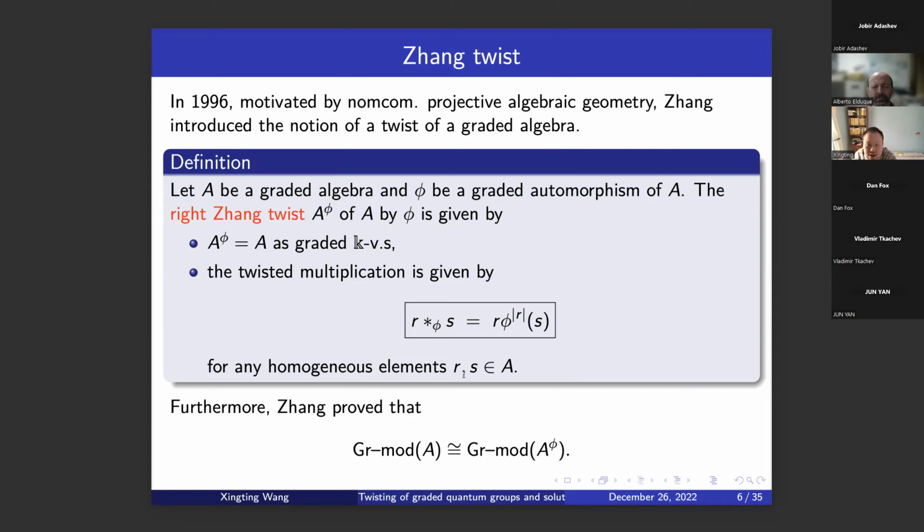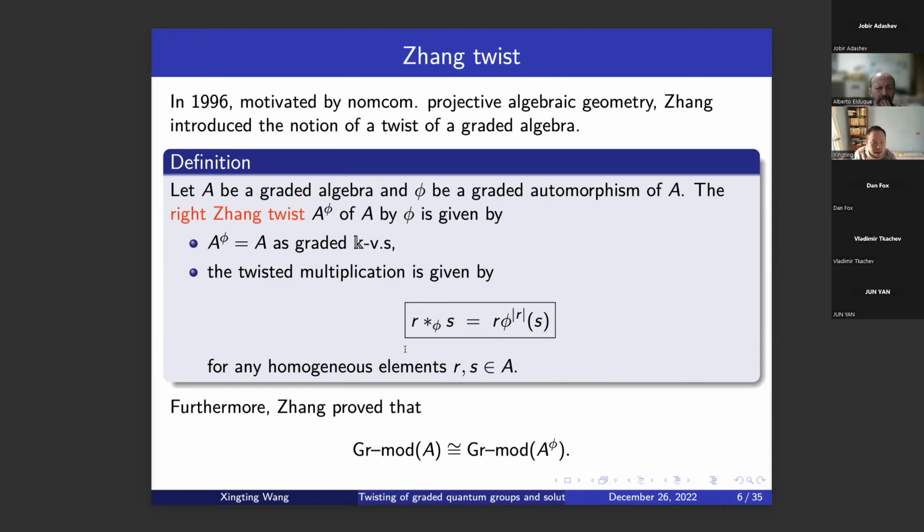I take two homogeneous elements r, s in A. When you multiply them, you're not going to multiply them as usual in A, but the second component will get twisted by the r-th power of the automorphism, where r is the degree of the first element. So you see, if you put everything in degree 0, you have no twisting. But if you have positive or negative degrees, the multiplication changes. When you multiply two degree 1 elements, certainly it changes.